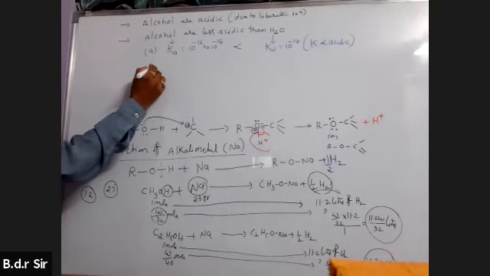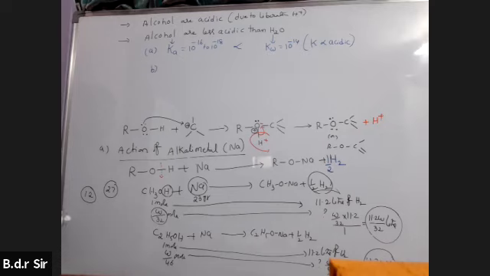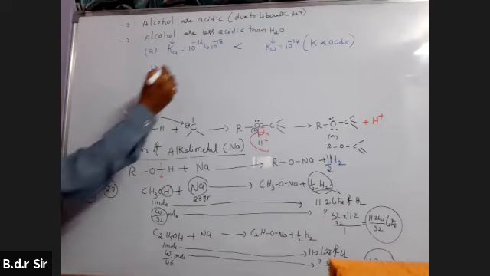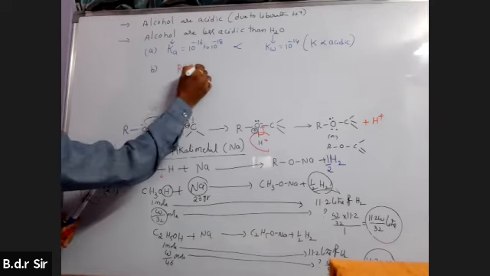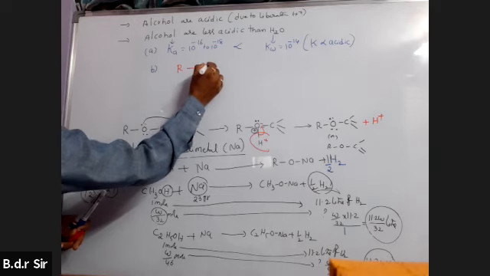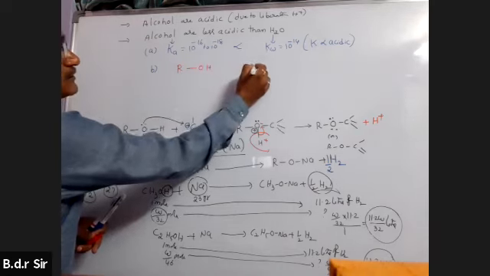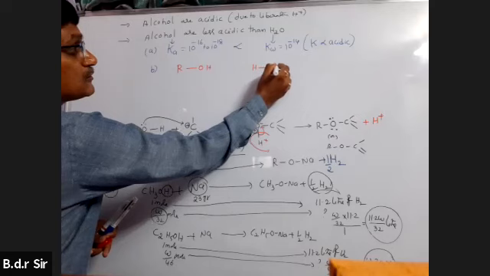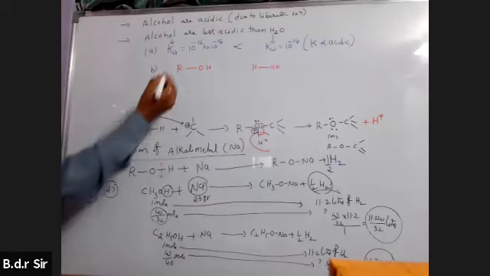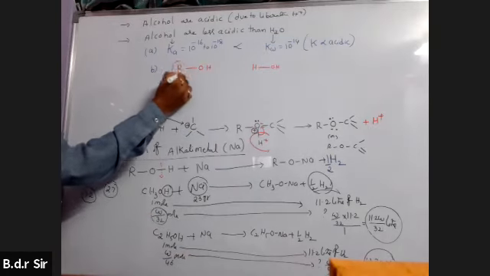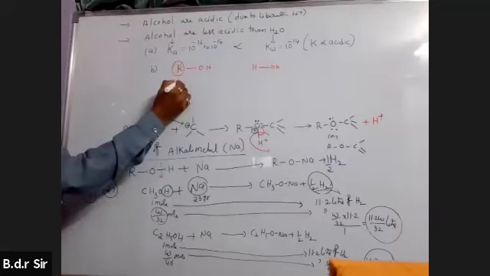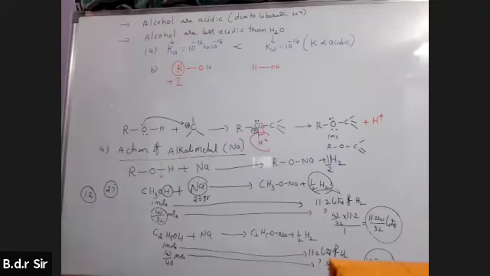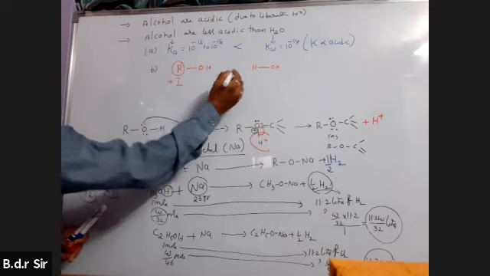Second one, observe this. Alcohol ROH, water HOH. R means an alkyl group, which has a plus I effect. Here the plus I effect is more.